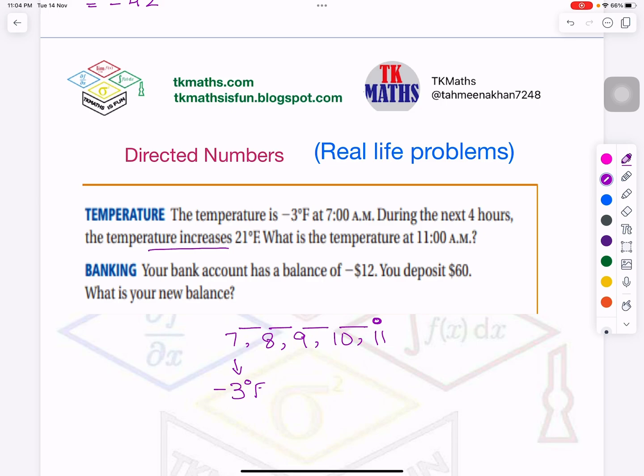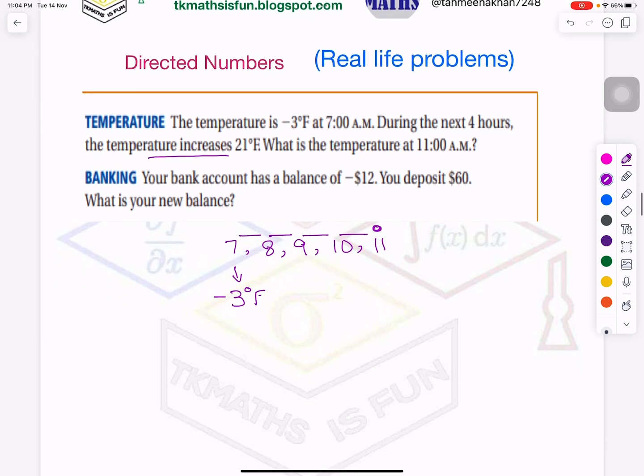Increased means addition. Something is rising. So to calculate what is the temperature at 11 a.m., what will I do? Minus 21 or plus 21? Yes, I will do plus 21. Okay, so when you solve this question, what will it be? Plus 18. We have seen in the previous video why it is so.